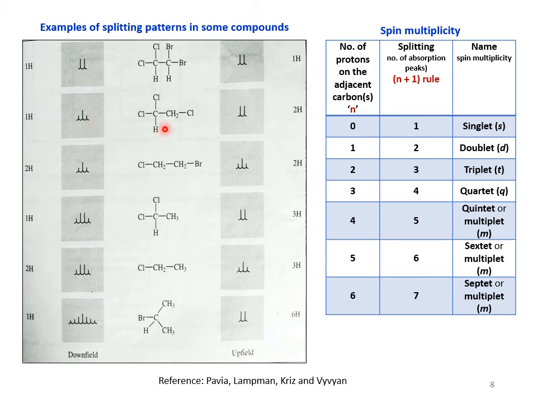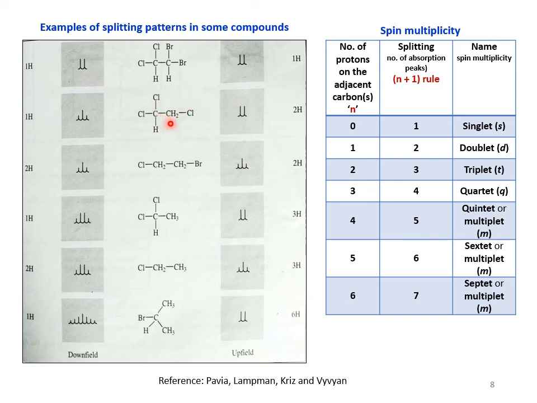Here you can see this compound also gives two signals, that is 1,1,2-trichloroethane gives two signals, just like 1,1,2-tribromoethane. This methylene proton is attached to the carbon atom having one hydrogen. Therefore 1 plus 1 is 2.